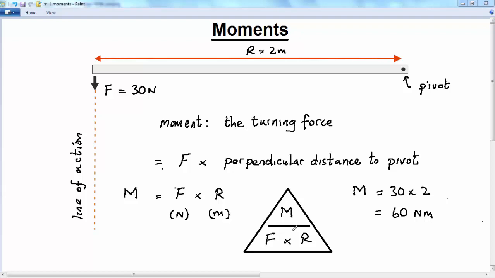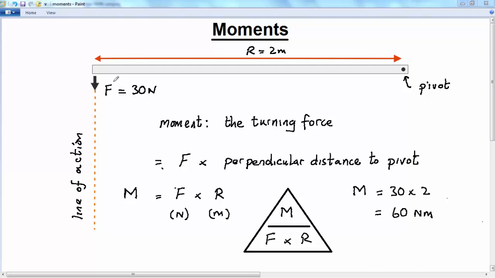Now there is just one final point that I need to make, and it's very important. I forgot to mention this earlier, and as you know, a moment of a force or a turning force causes an object to turn. So we need to specify whether the moment is a clockwise moment, let's say whether it causes the object to turn in a clockwise direction, or an anti-clockwise moment.